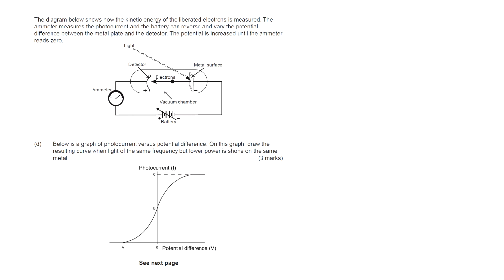So it says below is a graph of photocurrent versus potential difference. On this graph, draw the resulting curve when the light of the same frequency, so that means the same energy light, but lower power. So lower power means lower intensity, okay, because it means that we've got less photons.